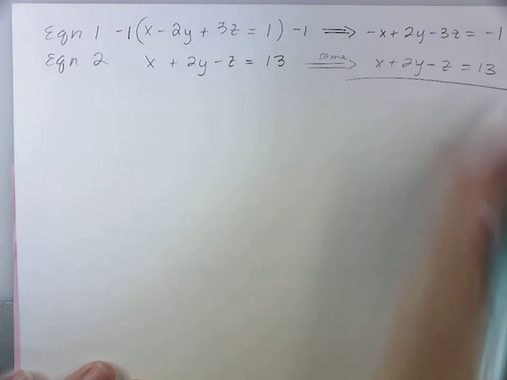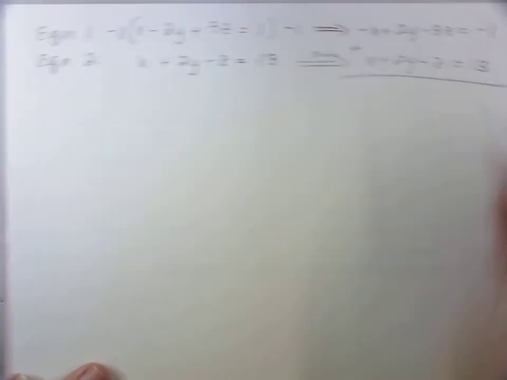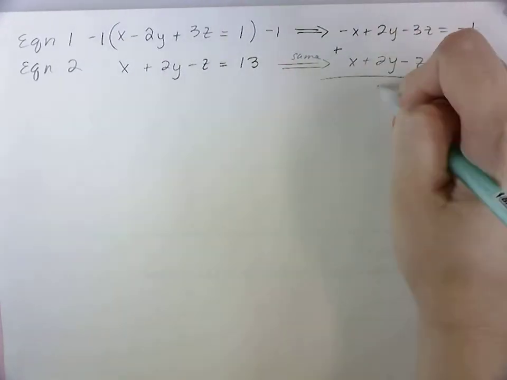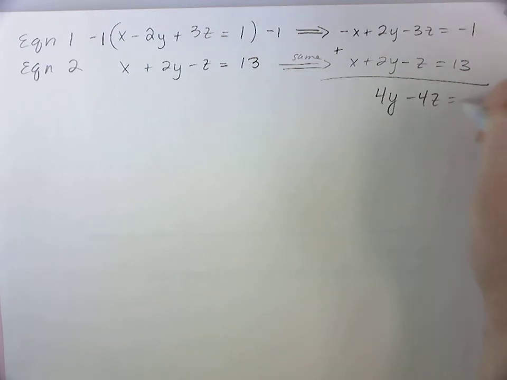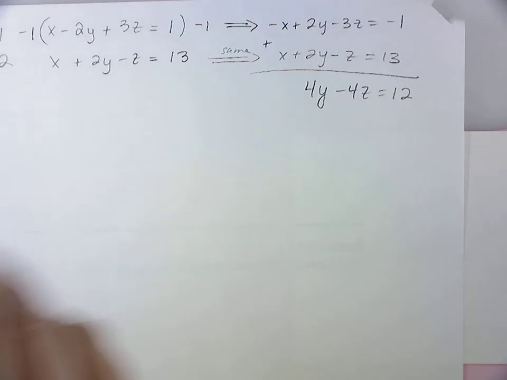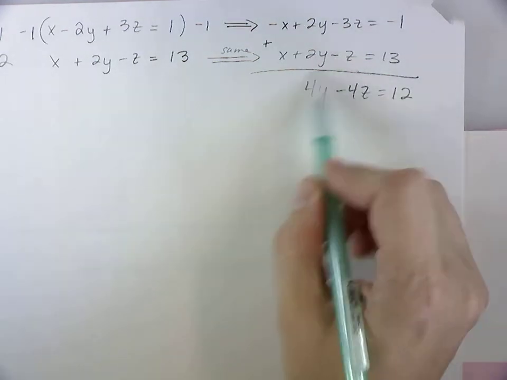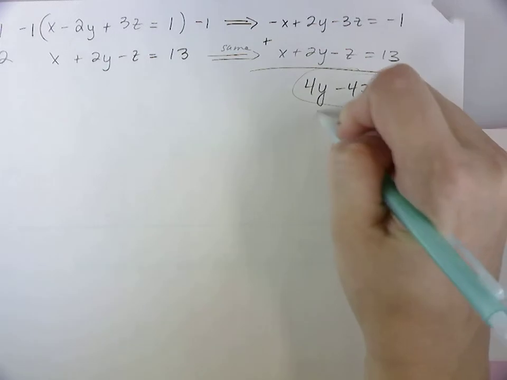And then just like what we did for the bell work, we're going to add straight down. So my x's cancel. I have 4y minus 4z equals 12. Now, if you can reduce it, then you really should. This one you can reduce, so we are going to do that.